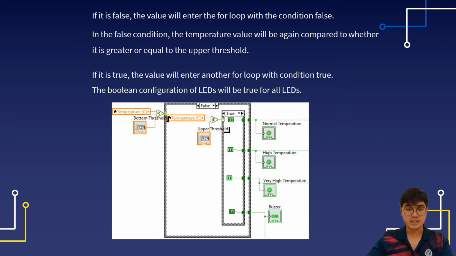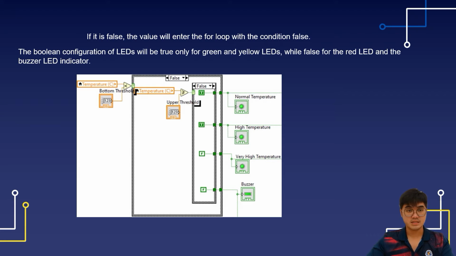If it is true, the value will enter another for loop with the condition true. The Boolean configuration of the LEDs will be true for all LEDs. If it is false, the value enters the for loop with the condition false. The Boolean configuration of the LEDs will be true only for the green and the yellow LEDs, while false for the red LED and the buzzer indicator.